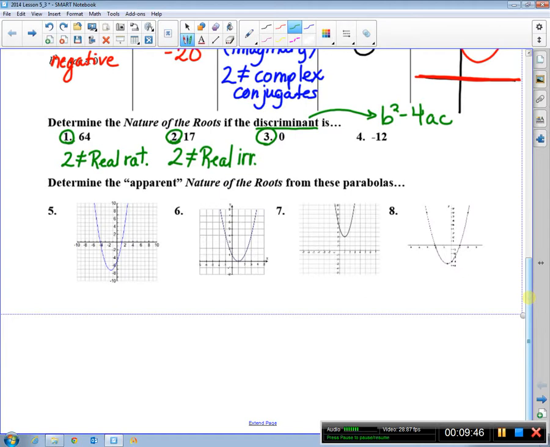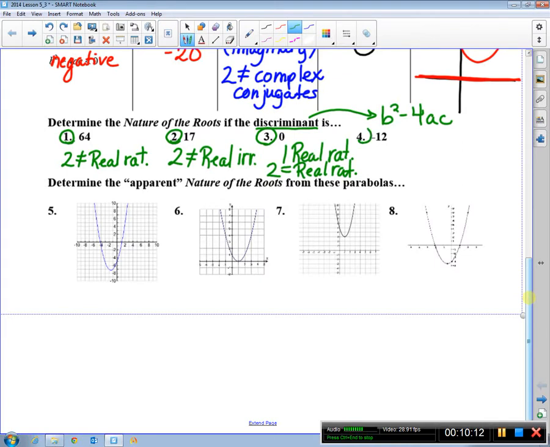What if the discriminant is 0? 1 real rational root, you are correct. You could have also said 2 equal real rational roots. Both are correct.